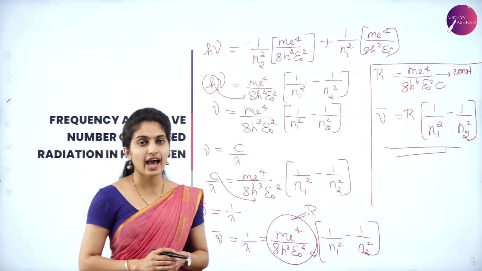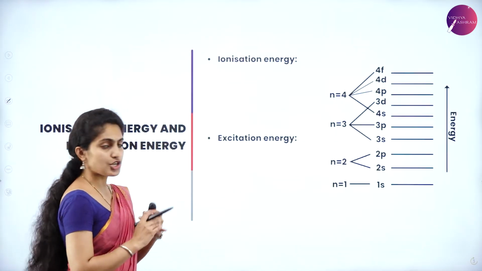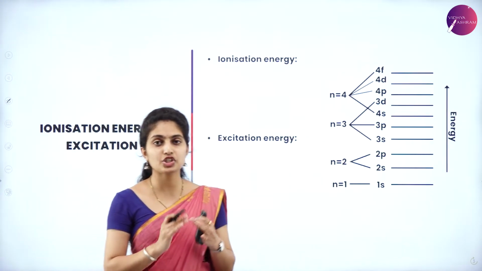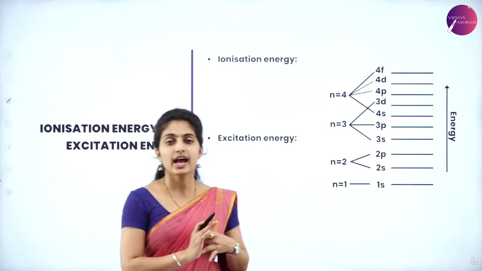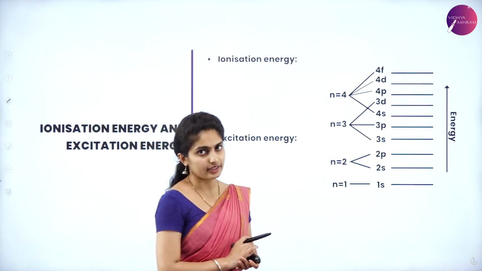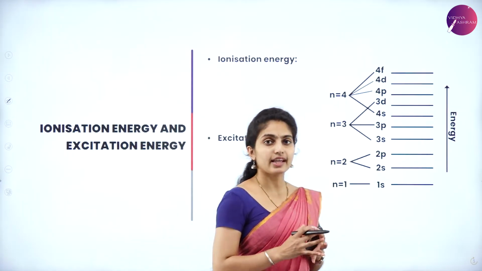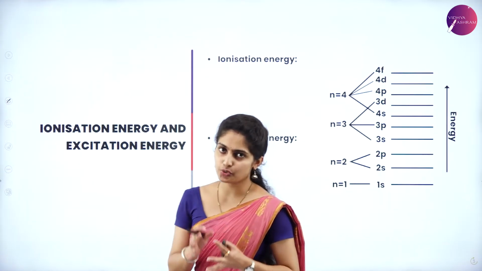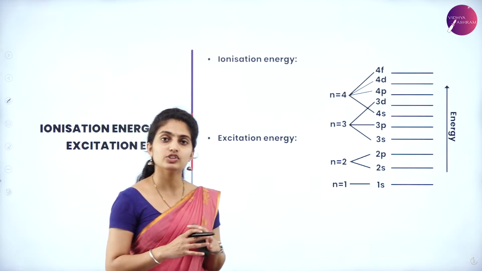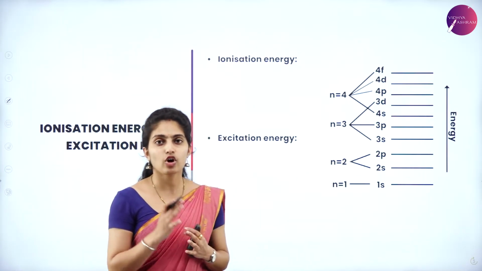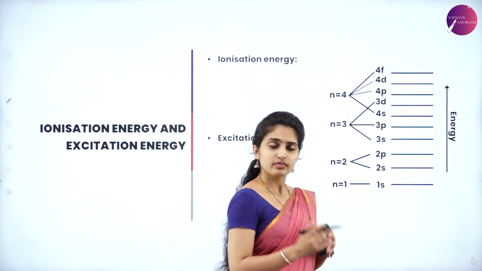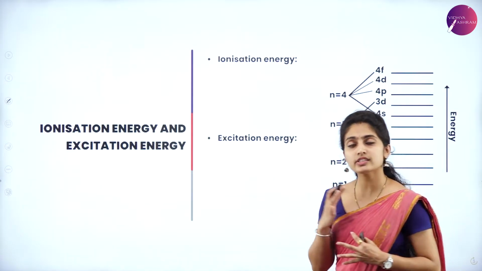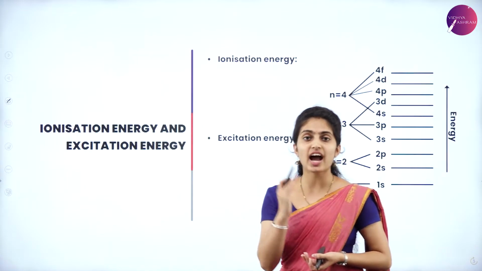And next we have the excitation, that is, during this excitation there is energy called excitation energy as well as ionization energy. As you see in the diagram, this is the energy level diagram, just for your reference to understand how exactly the energy levels have been split up according to the shells. So here, the ionization energy. What is meant by ionization energy?